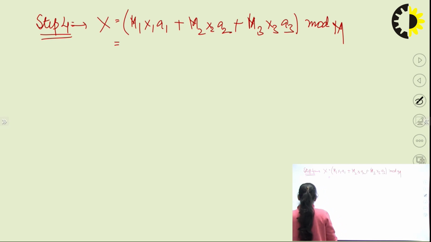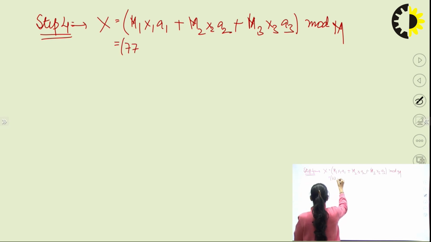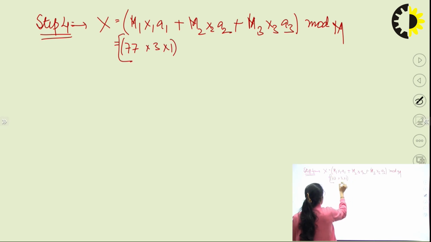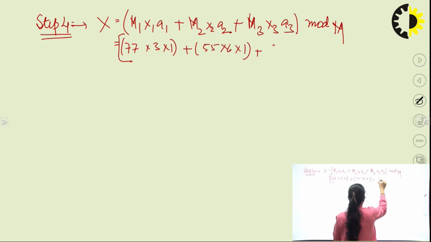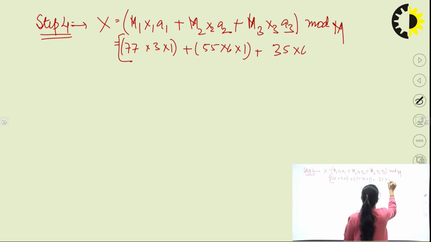So I am writing the respective values: 77 into 3 into 1 plus 55 into 6 into 1 plus 35 into 6 into 3.